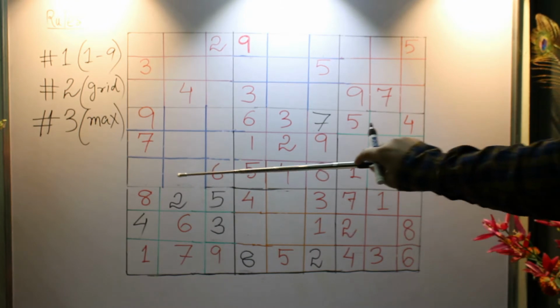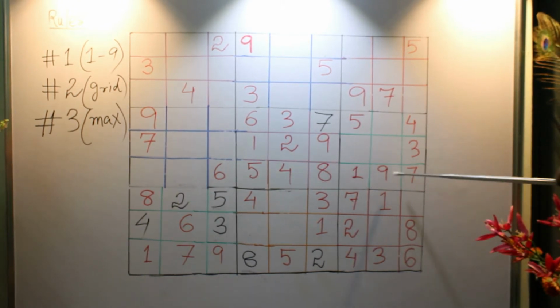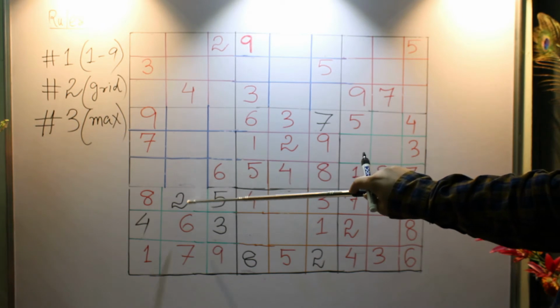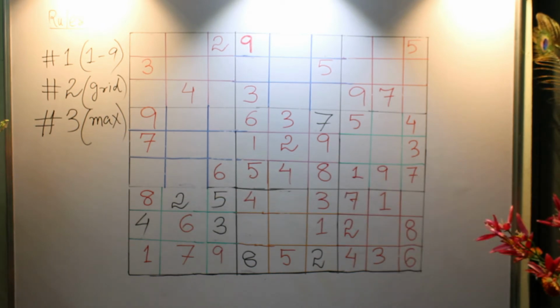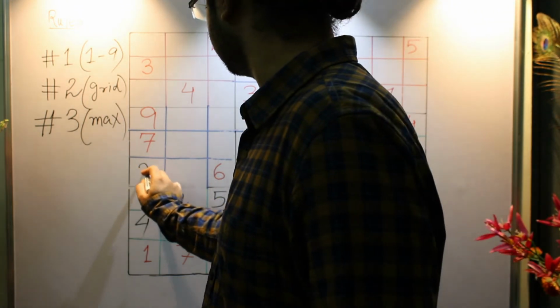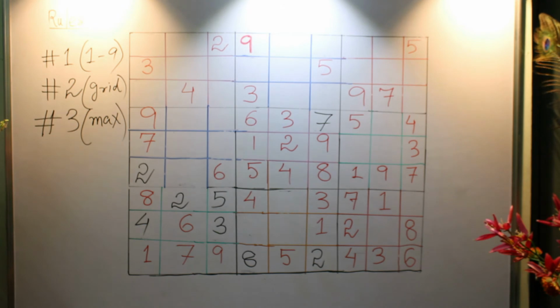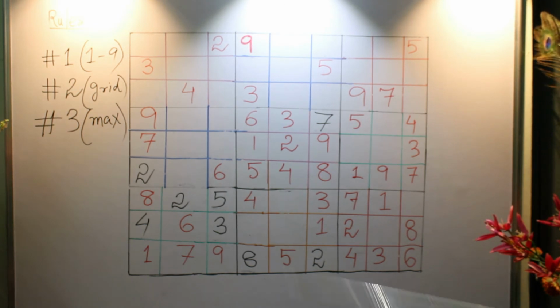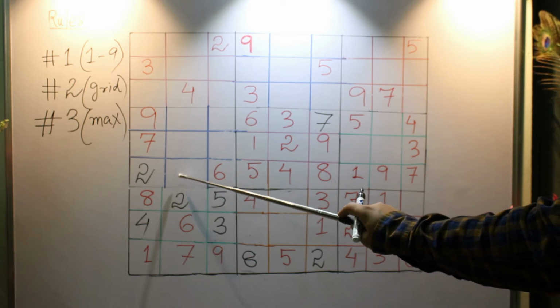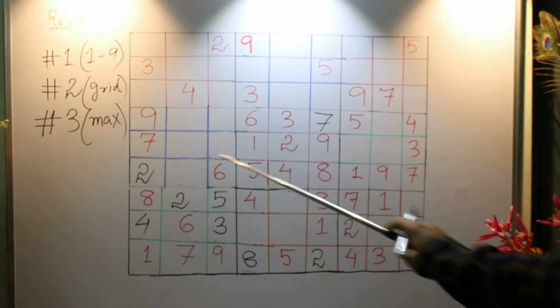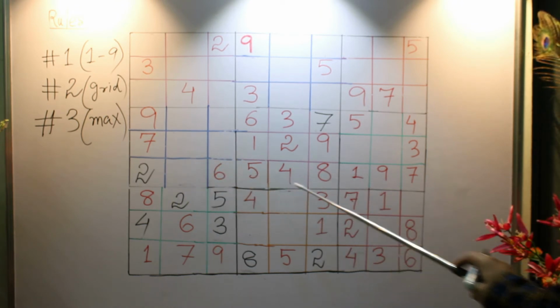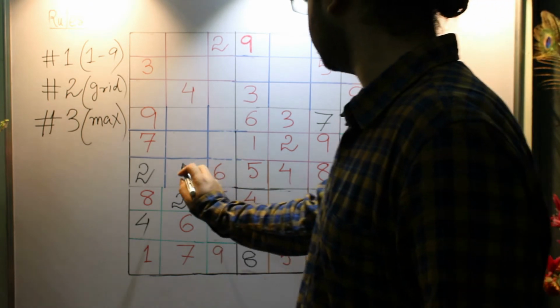You cannot place 2 here for this row because of this 2. So the only place left for 2 is this. Correct? Now the numbers are 1, 2, 3, right?